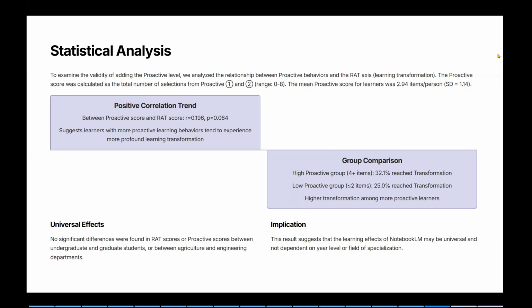This is a trend, not statistically significant, but it suggests a relationship. Students with more proactive behavior had more transformation. In the high proactive group, 32.1% reached transformation.